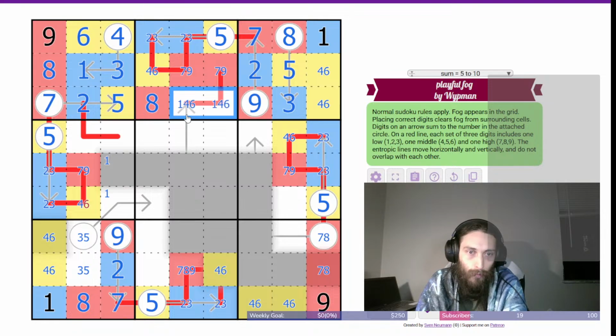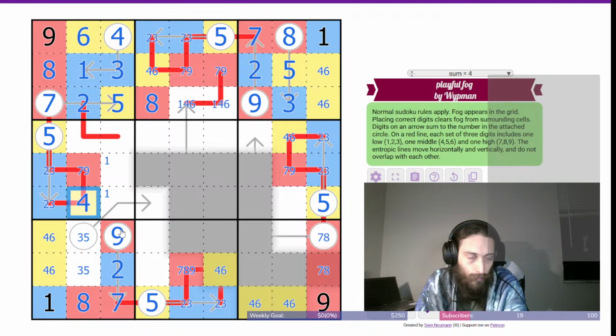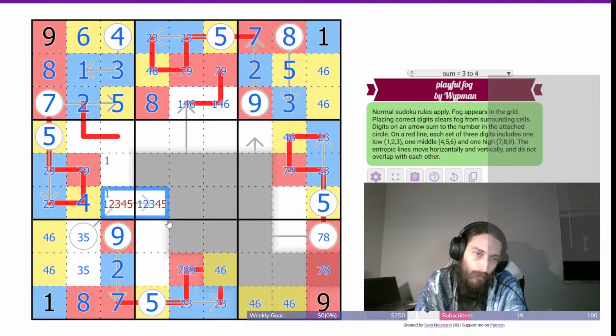1 and 4, 6. 4, 3 or 5. This has to be a 1 because it sees 2, 3, 4. This can't be a 4, so this is a 2.